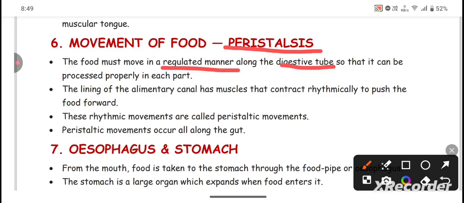The lining of the alimentary canal has muscles that contract rhythmically to push the food forward. These rhythmic movements are called peristaltic movements, and peristaltic movements occur all along the gut. They push the food for processing in each and every part of the alimentary canal.